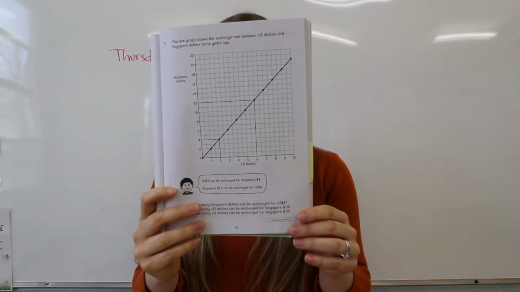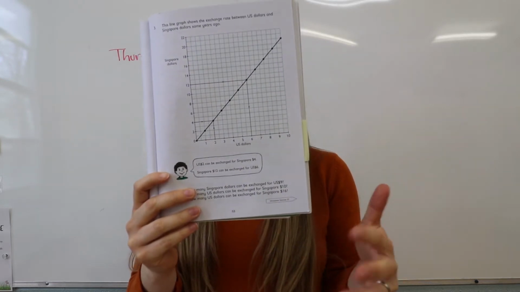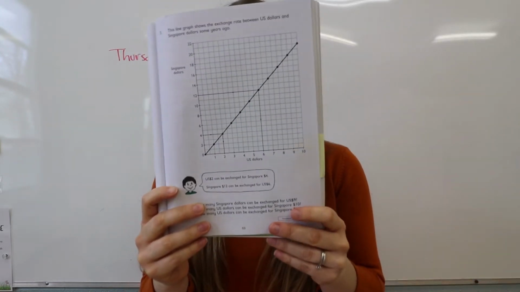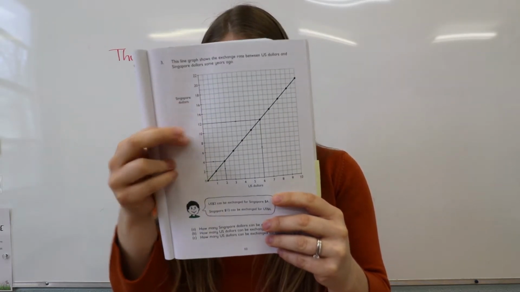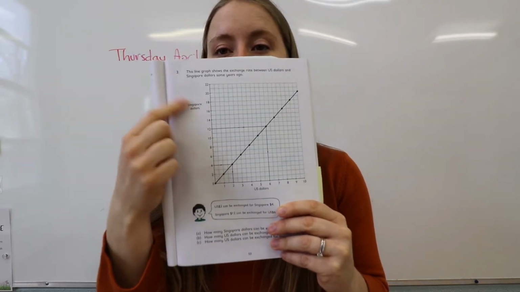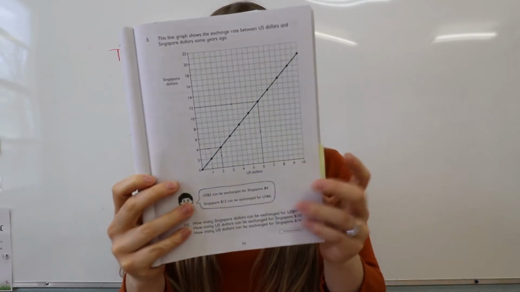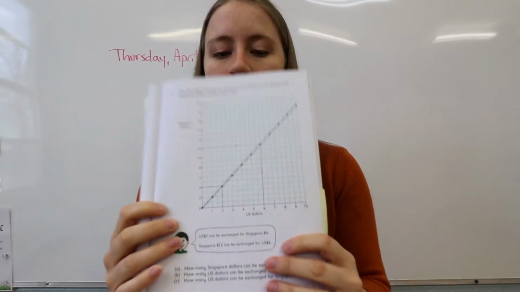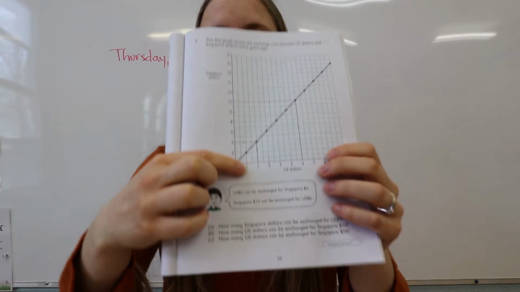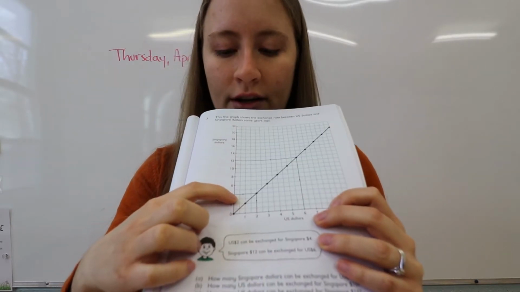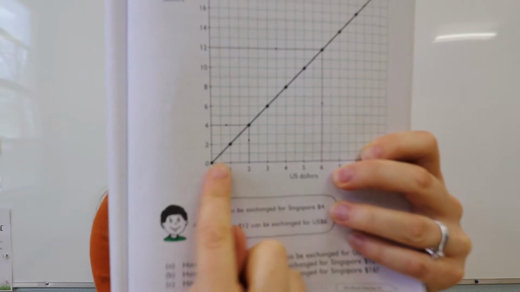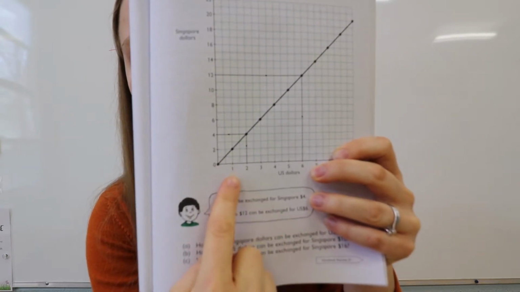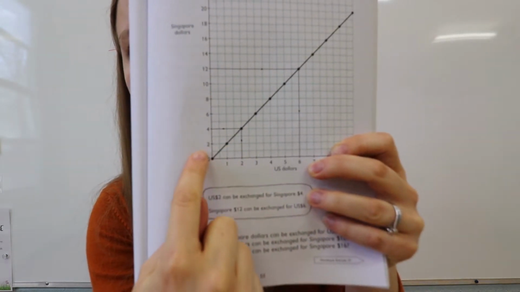Okay, and the exchange rate tells the banker and the person how much the American dollar is worth compared to the local dollar, so like the Singapore dollar. Okay, so for example here, we can see that one American dollar can be exchanged for 2 Singapore dollars. So that's our first little dot right there. The rate, sorry if it's a bit blurry, is 1 to 2.